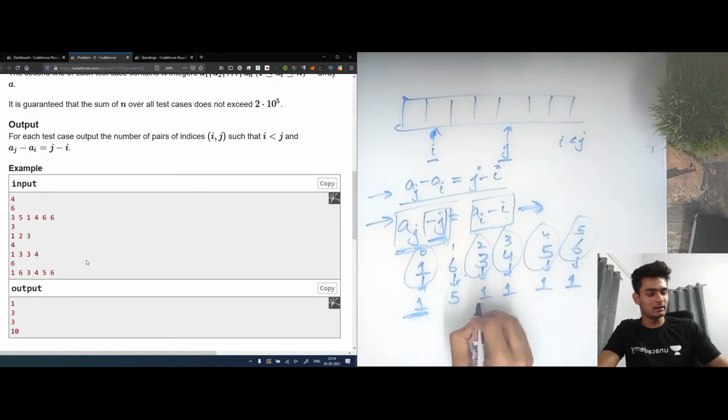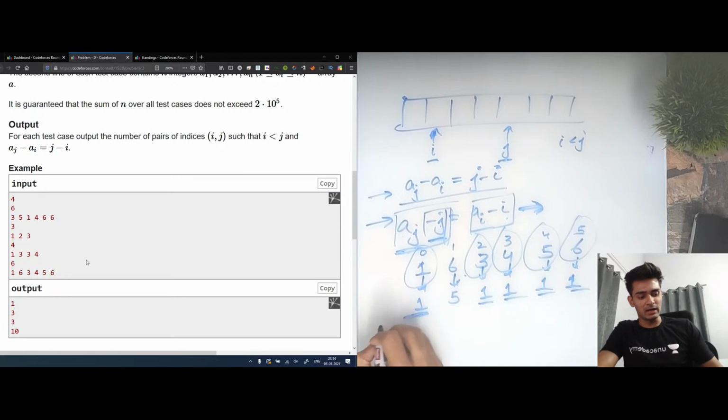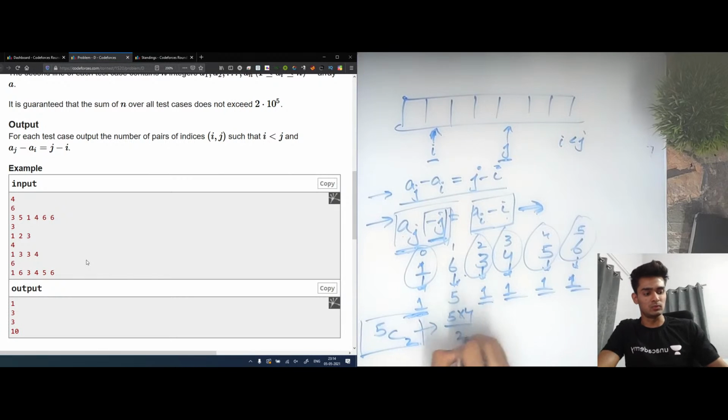We had 1 at 5 places, and we need to choose 2 places out of these. The first place will become i, the second place will become j. So the answer is 5c2. Now 5c2 is 5 into 4 by 2, which is 10. And as you can see, the output for this is 10.